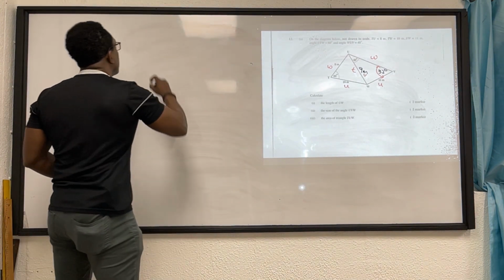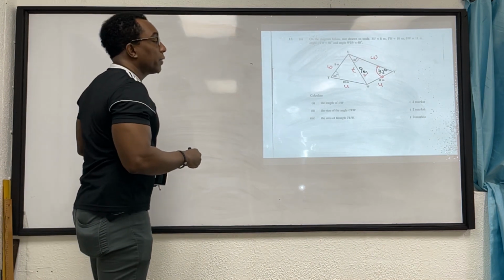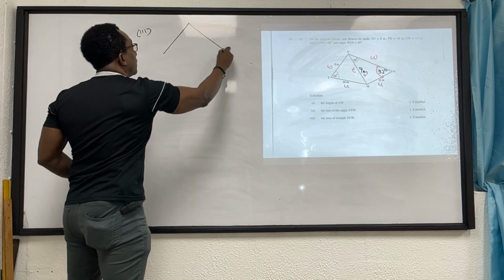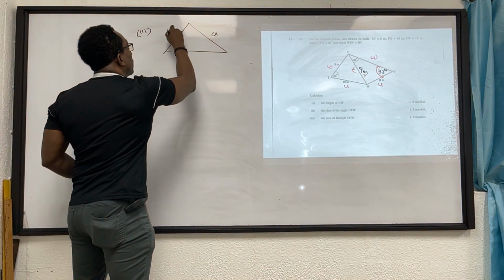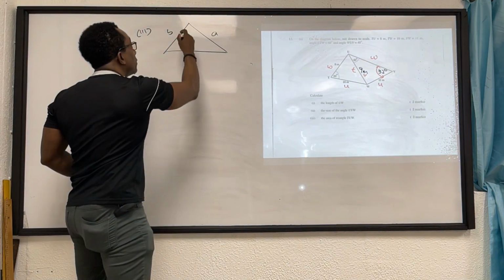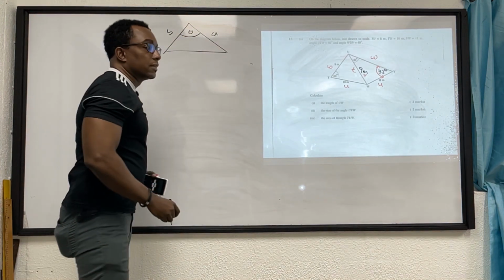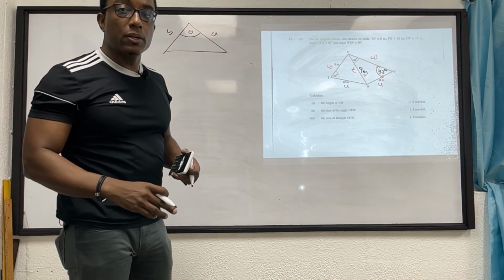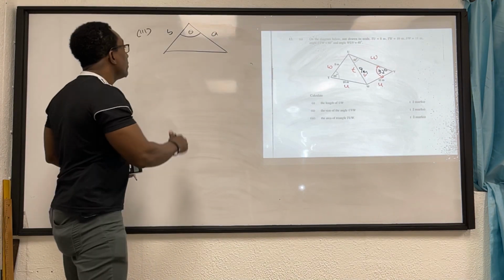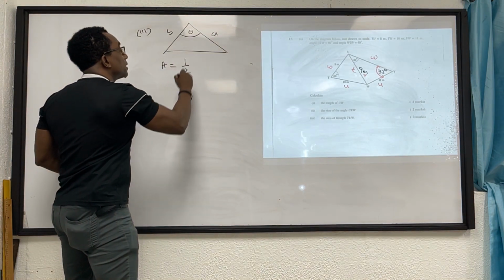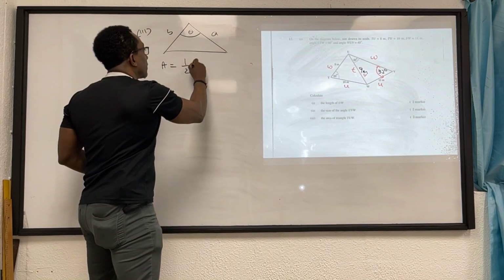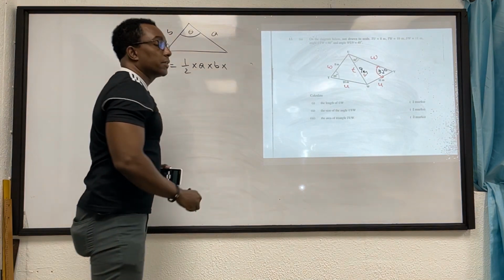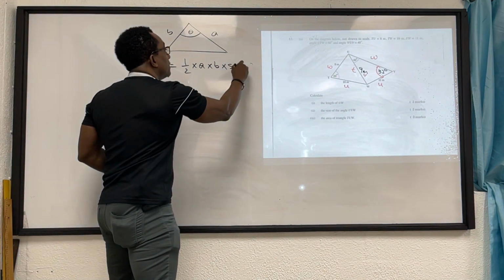So for part 3, to get the area of that triangle, we are going to use an important formula. If I have a triangle with 2 known sides and an included angle, then to find the area of that triangle, we use this formula: half times side A, which is one known side, by side B, which is another known side, by sine the angle theta.